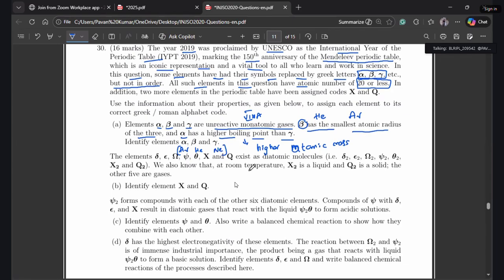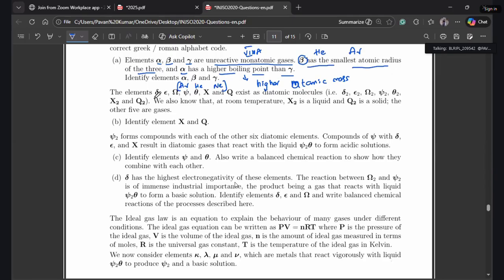Now if you see the next question, the elements delta, epsilon, omega, xi, theta, X and Q exist as diatomic, most important, in the formula like delta2, epsilon2. We also know that at room temperature X2 is liquid, and they said diatomic.